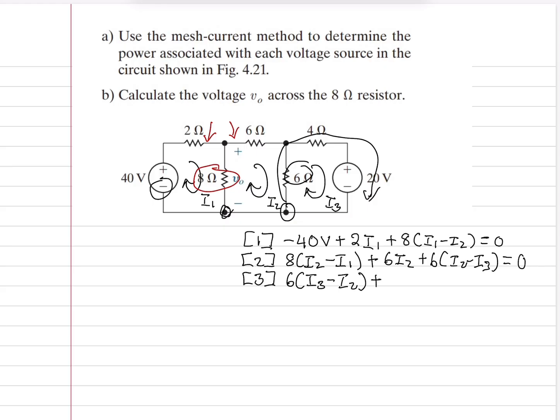Then that's added to 4 I3, again the only current attached to that resistor. Since we're entering from the positive side, we have positive 20. And again, that equals 0.